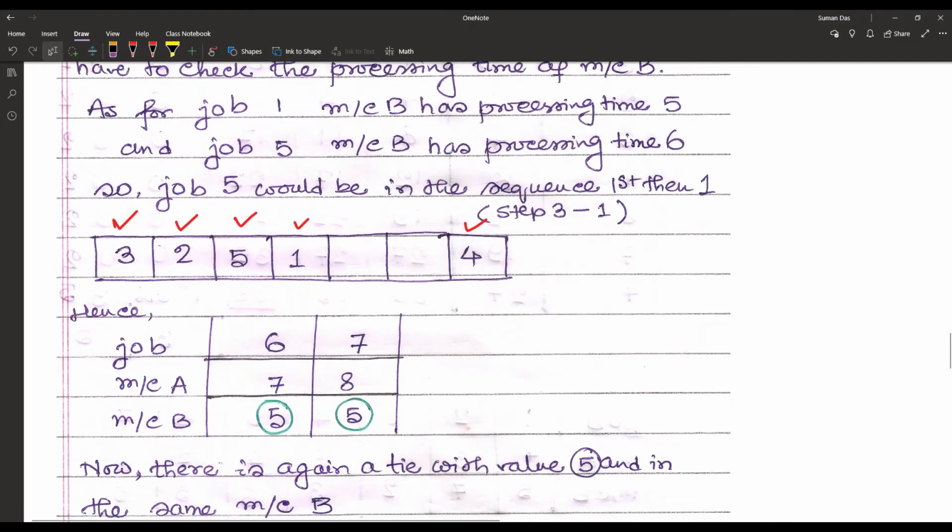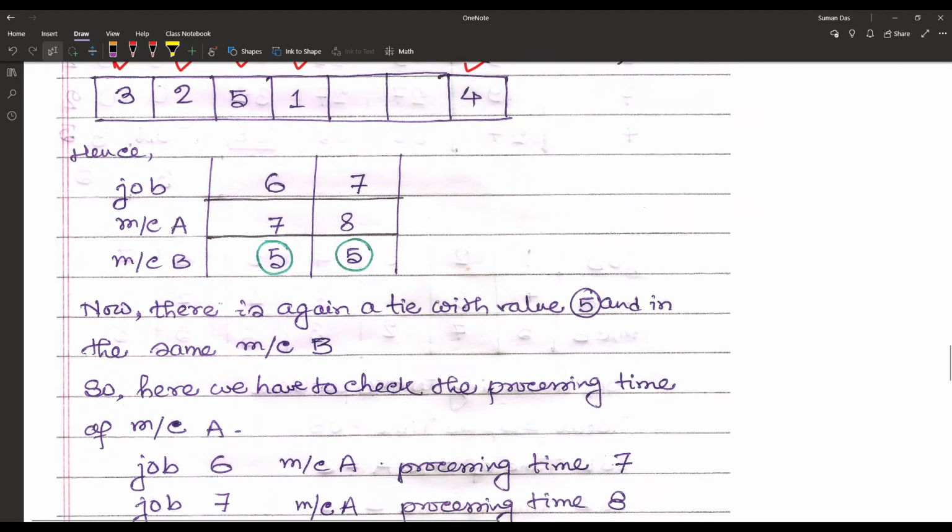So once again the table minimizes. Now only 2 jobs are remaining, 6 and 7. Now look at the minimum processing time once again.